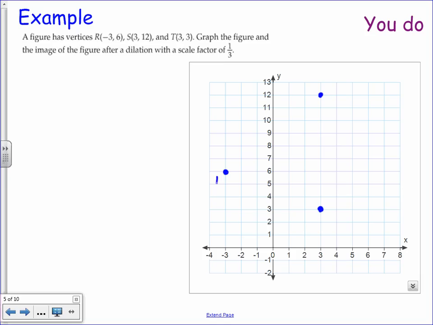Oops, this is R, this is S, and this is T. All right, and then we want to connect our dots. Try and make them as straight as possible. Use a ruler. Okay, that's our figure.